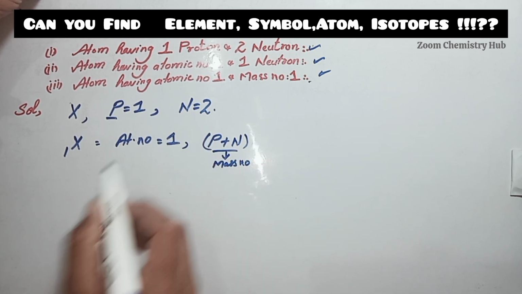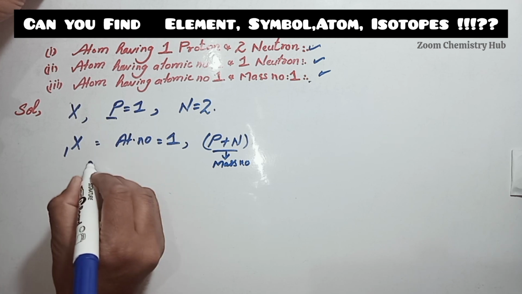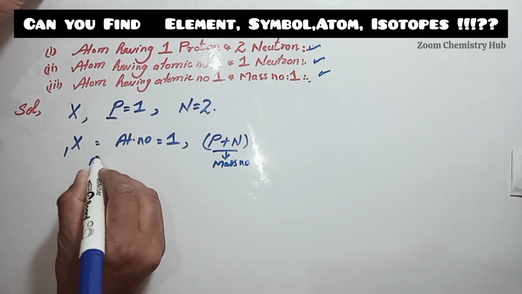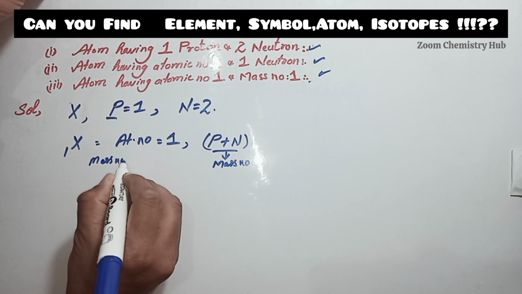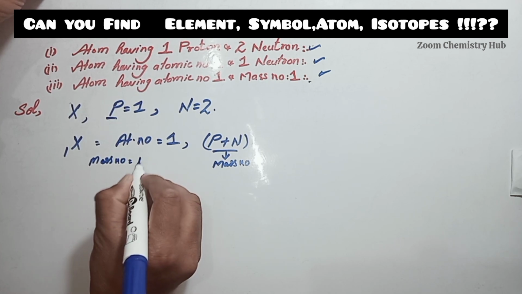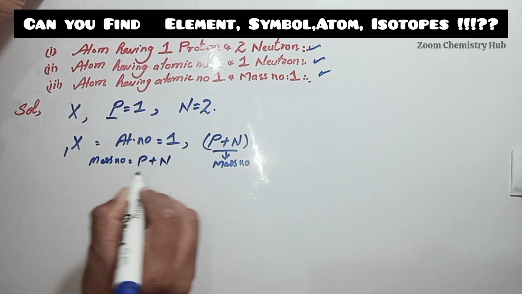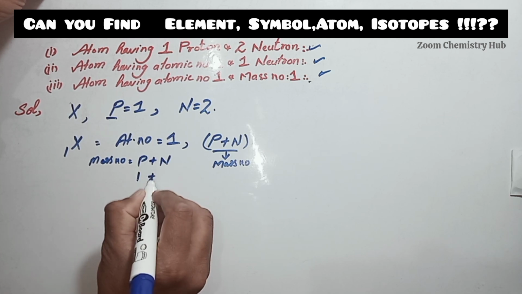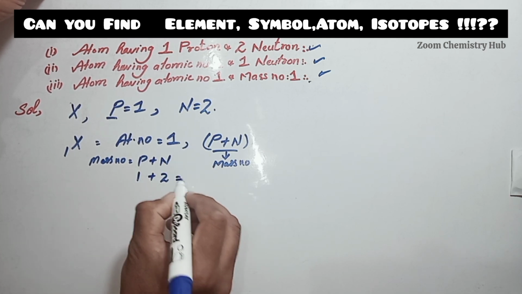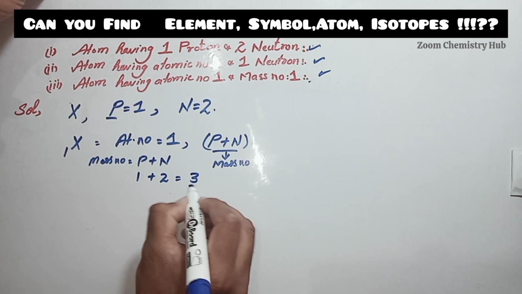So here we have the number of protons as 1 and the number of neutrons as 2. So we get 3.